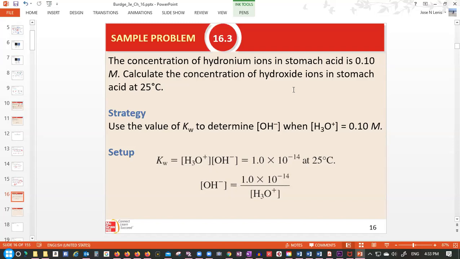So in order to solve the problem, we just use the expression and value of Kw. Kw equals concentration of H3O plus times concentration of OH minus, which is 1.0 times 10 to the negative 14 at 25 degrees Celsius. We need to find the concentration of this.